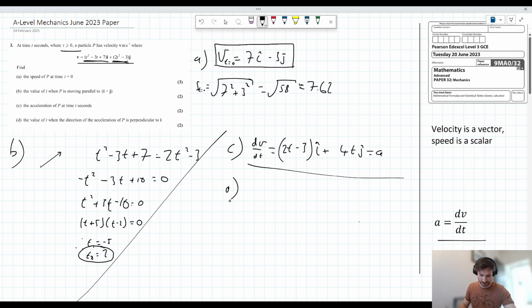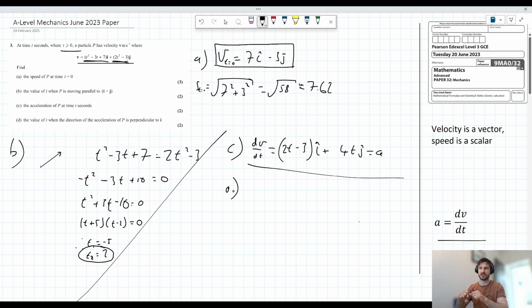Let's move on to part D then. Here, we're being asked the value of t when the direction of the acceleration of p is perpendicular to i. Note that i, the i-axis, is our horizontal axis.